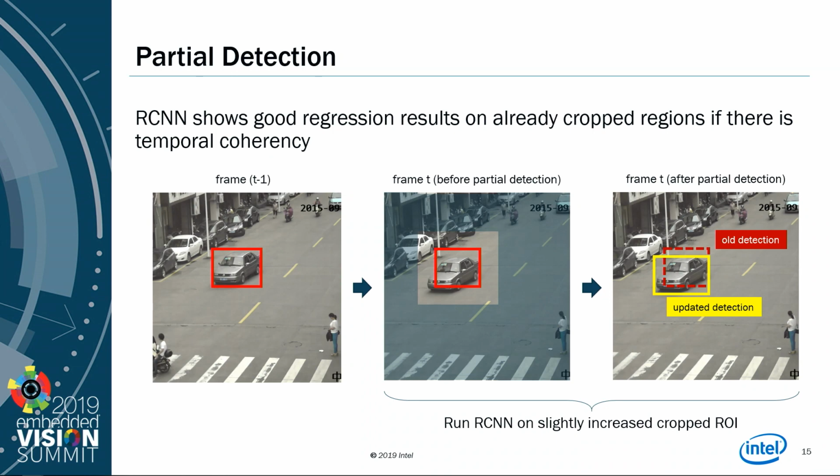So you can use the previous result as an initial guess or proposal for the object detectors, so that the object detectors can update the position based on that. R-CNN, SSD, or any kind of object detector can at least do this, so you can use them as something like trackers, especially designed for updating the position.